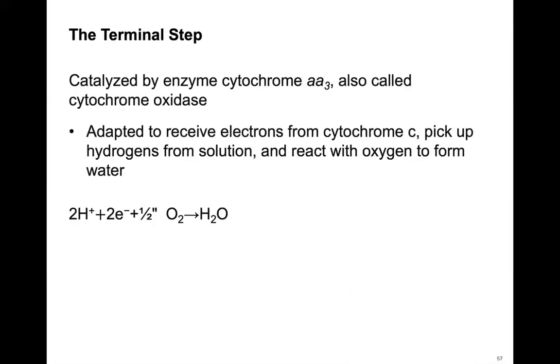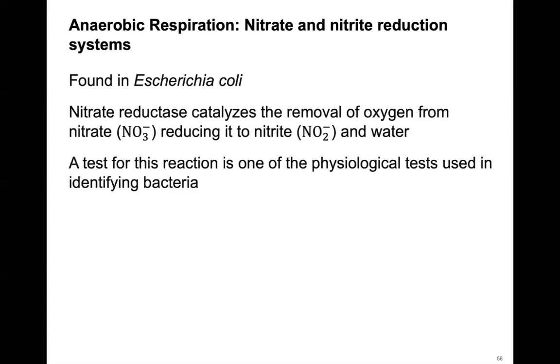So the terminal step is catalyzed by the enzyme cytochrome aa3, also called cytochrome oxidase. It is adapted to receive electrons from cytochrome c, pick up hydrogens from solution, and react with oxygen to form water. And that is essentially how your water is being produced.